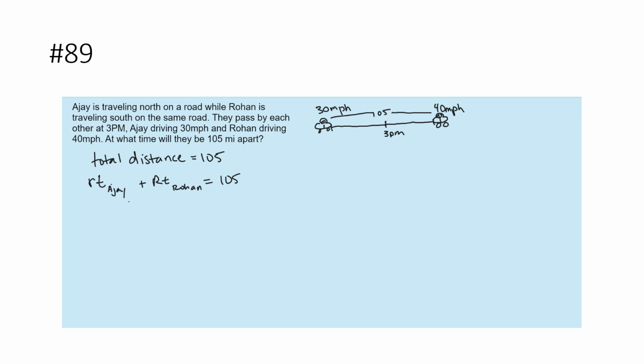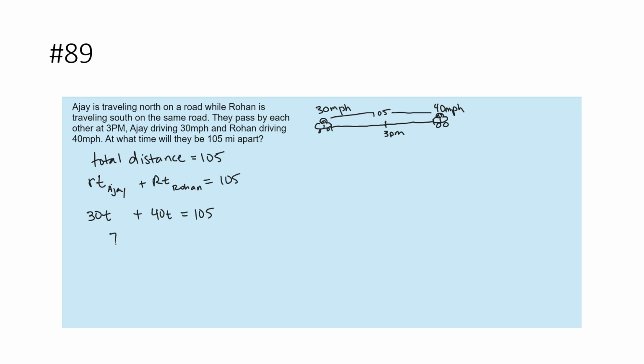I know that the rate of AJ is 30 miles per hour, and he's going to drive for some amount of time. I know that the rate of Rohan is 40 miles per hour, and he's going to drive for that same amount of time. And then they're going to be 105 miles apart, because they're both driving for the same amount of time, and the distance is going to equal 105.